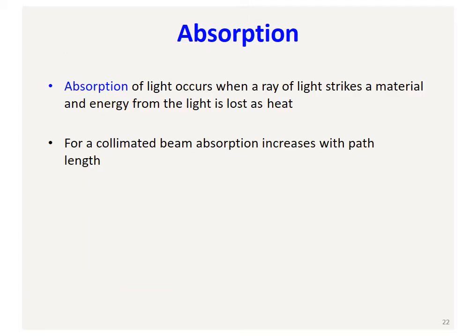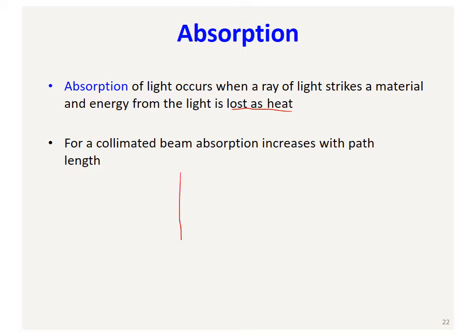When a photon's energy matches that of an excited state of an atom, then the atom absorbs that photon. And if that energy is transferred to other atoms and eventually to heat more quickly than it can be re-emitted as another photon, we say that the absorption process has taken place. This is a dissipative process.